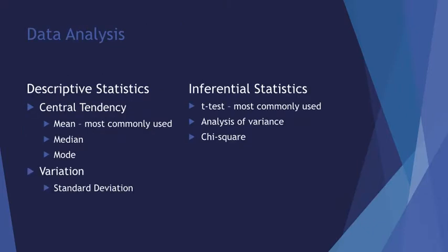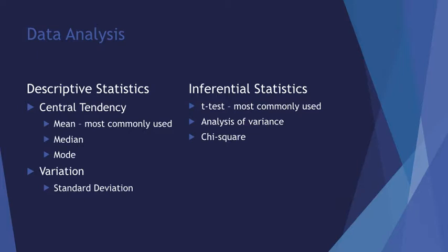The final step in causal comparative research is this notion of data analysis and interpretation. And if you remember, I said that there's two things you've got to do: descriptive statistics and inferential statistics. With descriptive statistics, we see two things. We talk about central tendency and we talk about variation.